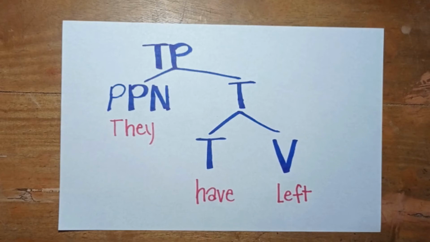The c-command condition is met in that they c-commands have, and the adjacency condition is also met in that there is no constituent intervening between they and have. Since both its structural conditions are met, it correctly predicts that have can cliticize onto they, so deriving "they've left."